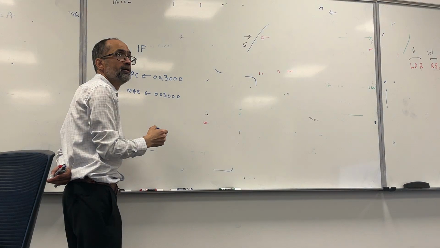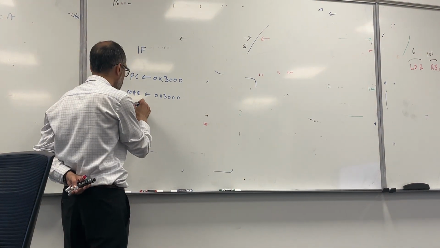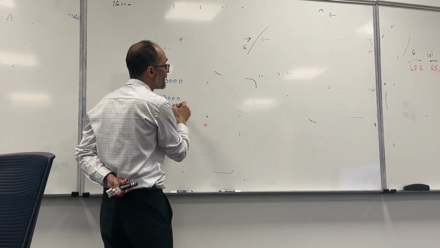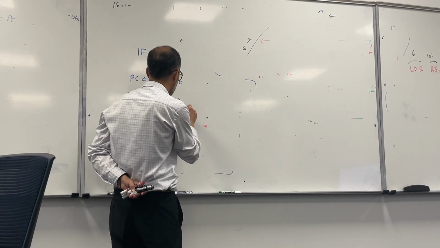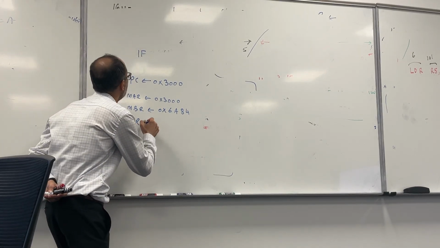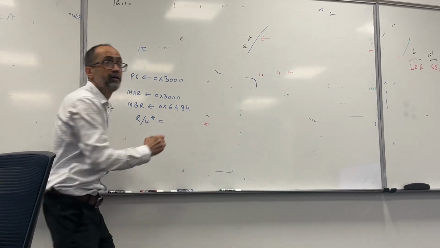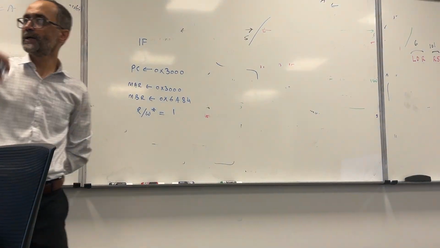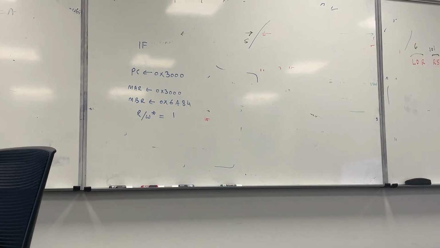Clear? What will be in MBR? 0x6A88. Read write bar is 1. And you can say read write bar, chip select, and so on. I'm not going through much detail at this point.